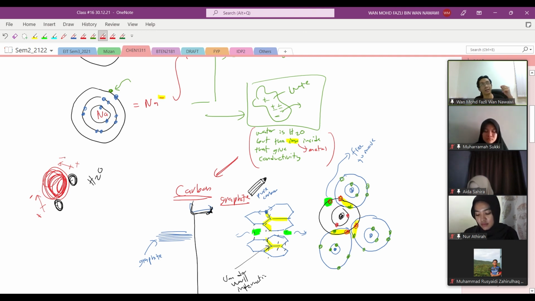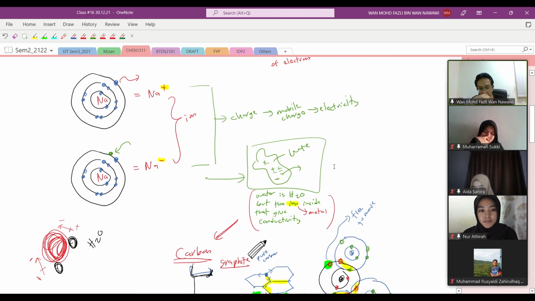Some polarity happens and the water can attract it. So even if you have pure water, try not to touch electric appliances, because it might electrocute you, although the probability is much lower compared to tap water. In tap water there are a lot of ions that promote electricity, so it becomes more conductive.